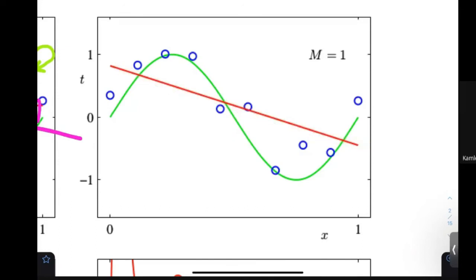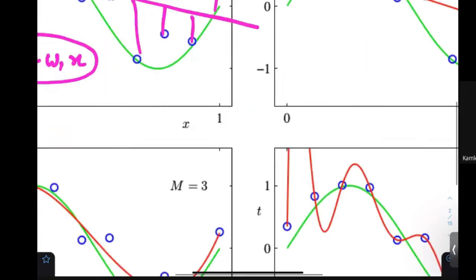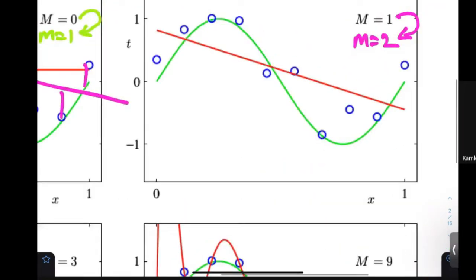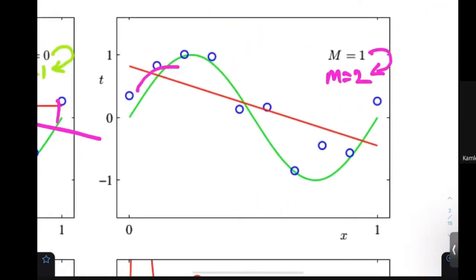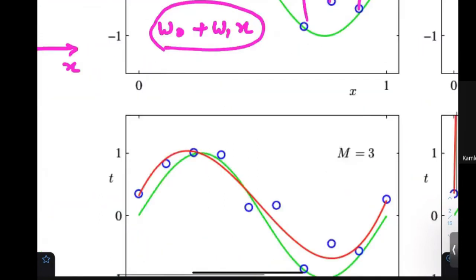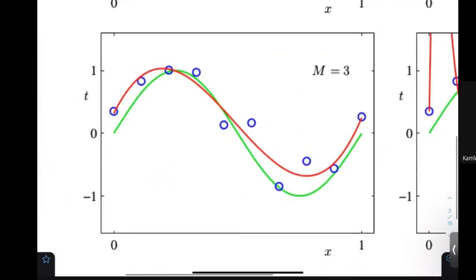Is it a good model? Maybe not. Then you can say that I can further increase the power by putting m is equal to 2. If you put m is equal to 2, then there would be some model. And if you further increase this to make it m is equal to 3, then the model that you actually reach becomes this.